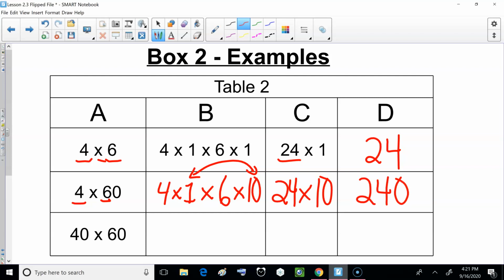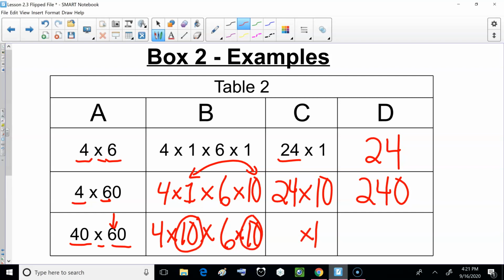And now we have it even bigger. We have 40 times 60. So now our numbers are both in the tens place value. So I'm going to rewrite my 40 as 4 groups of 10, and I have 60. So the 6 is in the tens place value, 6 groups of 10. So I have 4 times 10 times 6 times 10. I'm going to take the numbers that are easier to multiply that are place values, the 10 and the 10, and we know 10 times 10 is 100.